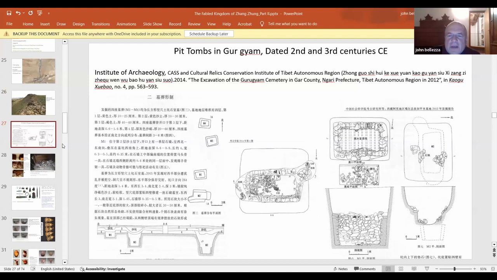So we're going to now look at some of the work done by Chinese archaeologists in the last 20 years or so. Particularly, we're going to be looking at these pit tombs in Gurjam, which are dated to the 2nd and 3rd centuries of the Common Era. There are a number of these tombs. They're 4 to 6 meters deep, with stone-lined chambers at the bottom, and they were filled with earth above.